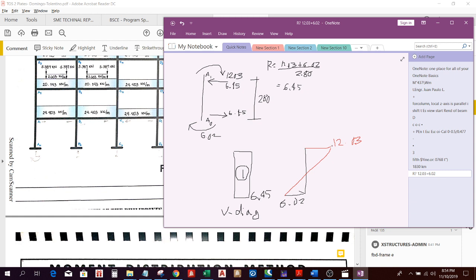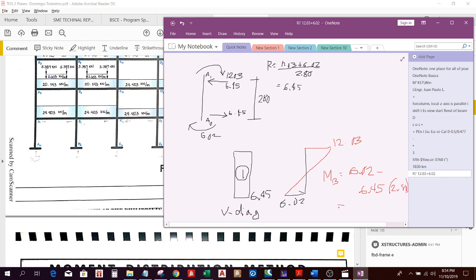The value of this moment B, which is 12.03, is equal to 6.02 minus the area of this one, 6.45 times 2.8.